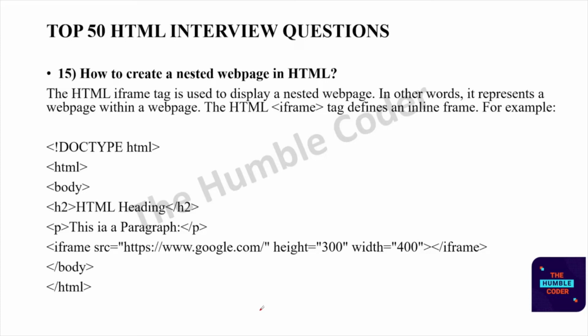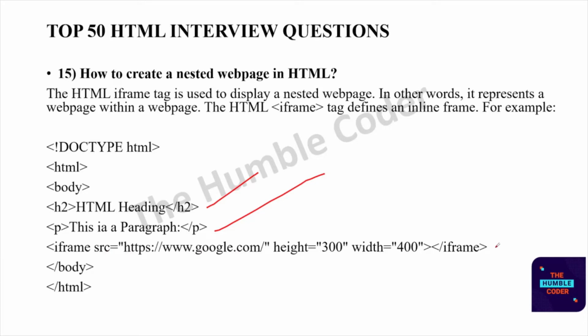At the top, we have displayed the heading, which is HTML heading, using the h2 tag. Then there is a paragraph, and then we have made use of an iframe tag, where the source is google.com and we have mentioned the height and width.